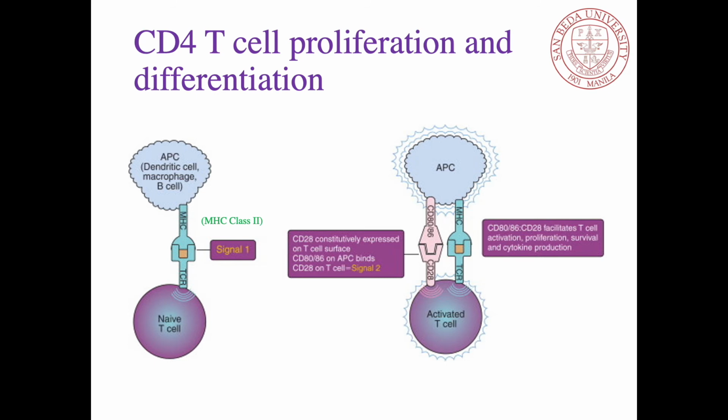The interaction between CD28 and CD80 and CD86 between the APC and the activated T cell actually facilitates T cell activation, proliferation, survival, and cytokine production, as mentioned here in the image on your screens. So basically, there is now secretion of interleukin 2 and interferon gamma, and there's also increased expression of interleukin 2 receptors.